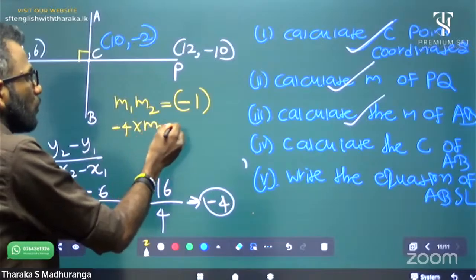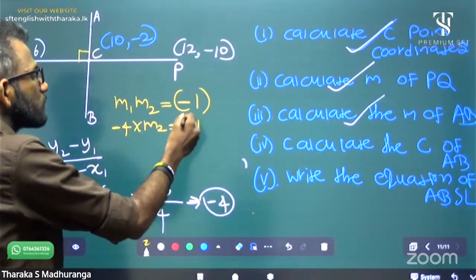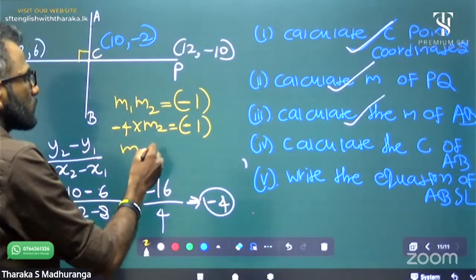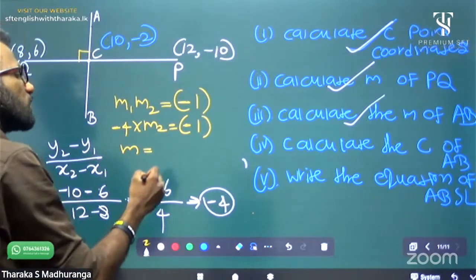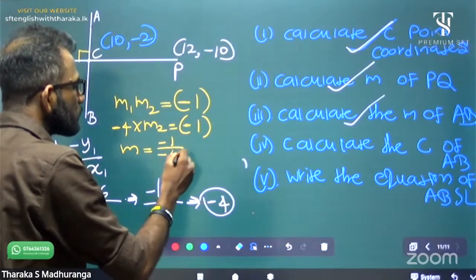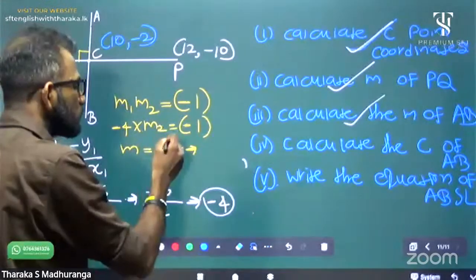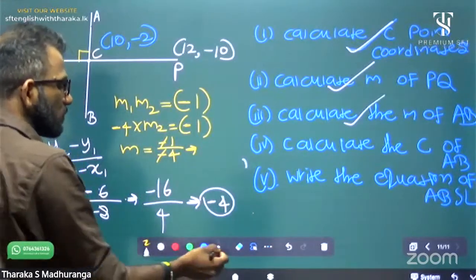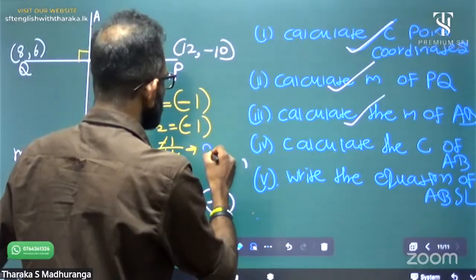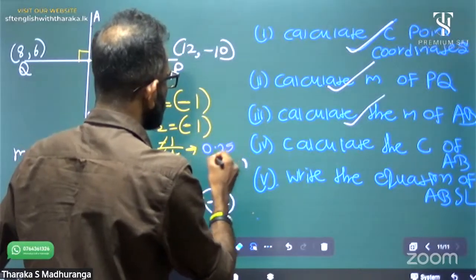M2 you don't know, equals minus 1. M2 equals, both sides divide by minus 4, minus 1 over minus 4. What's the answer? Minus and minus cancel. 1 over 4 means 0.25 or 1 over 4.